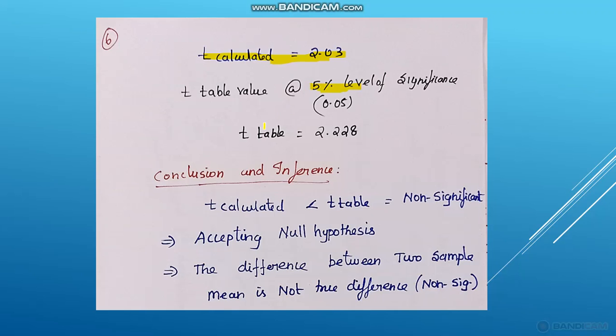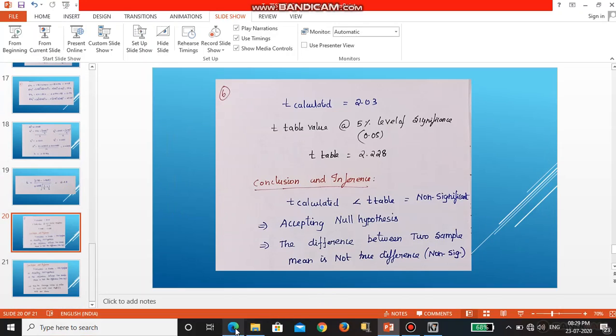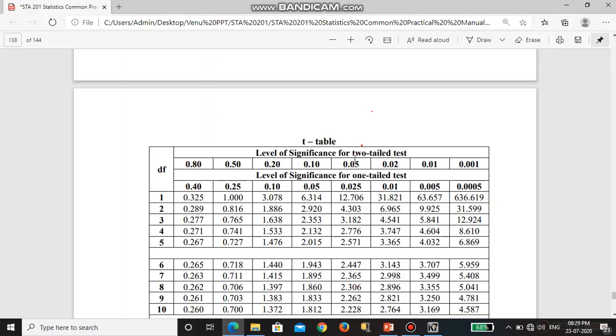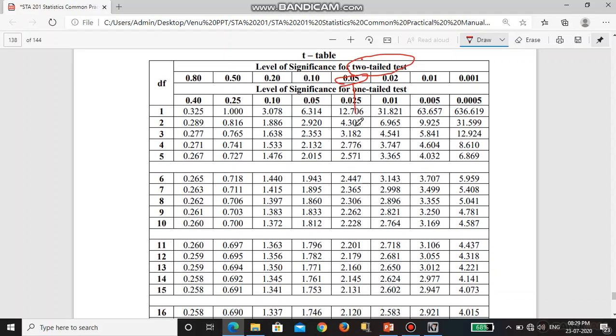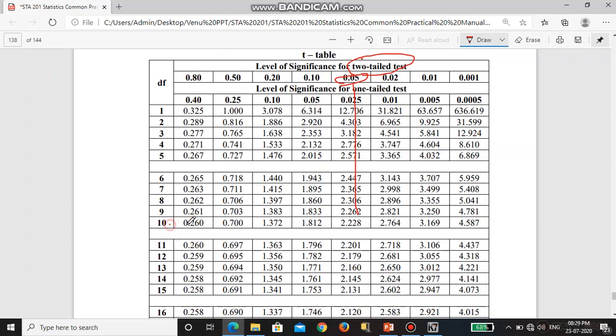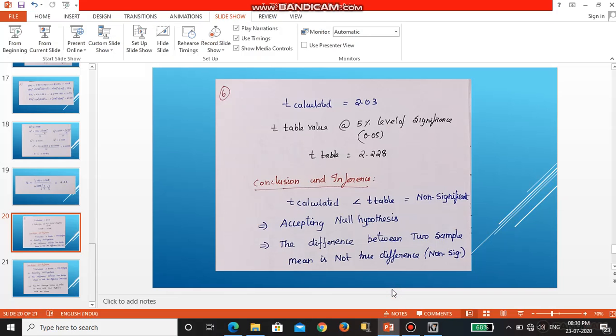The test is a two-tail test, so you look in the two-tail column at 0.05. The degree of freedom is 10, because we have 12 samples and 12 minus 2 is 10. So the t table value is 2.228.